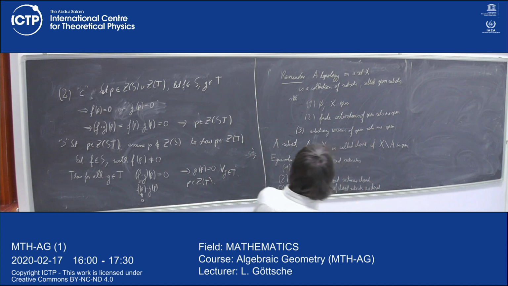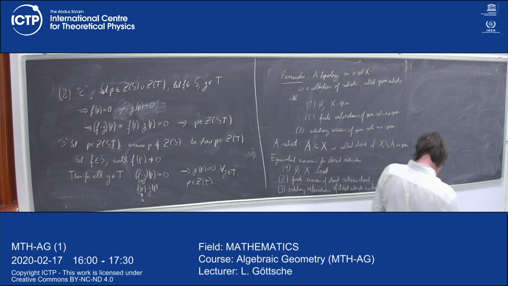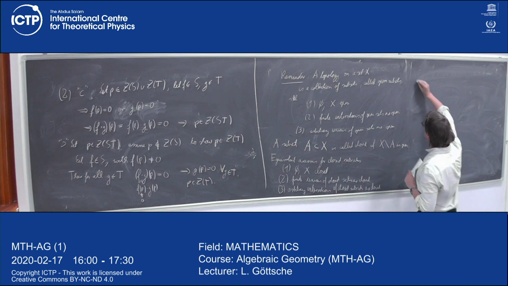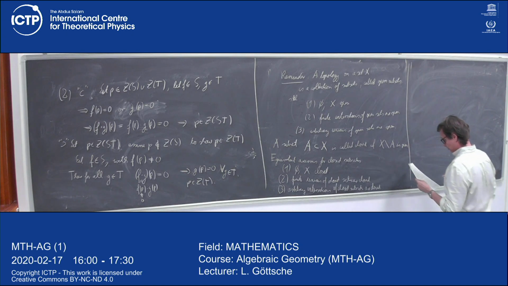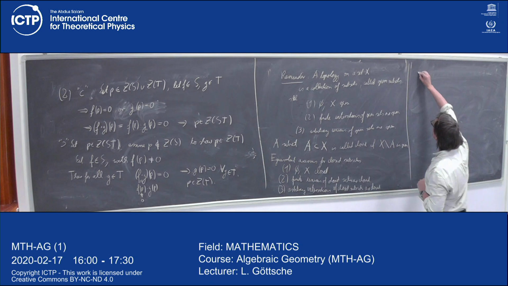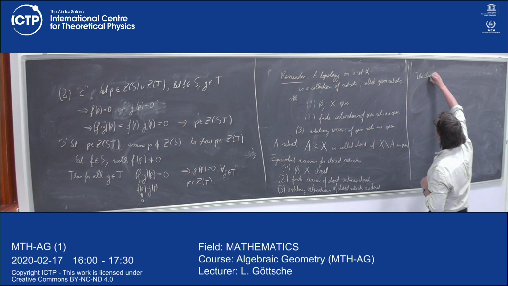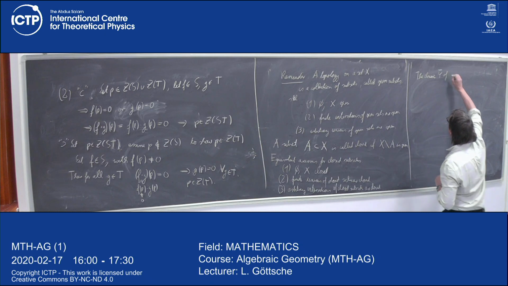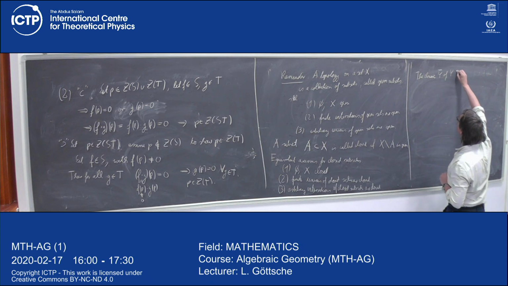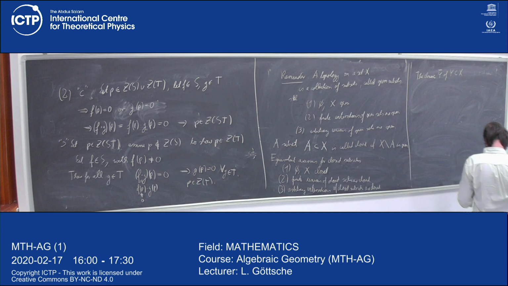So if X has a topology, it's called a topological space. And we can talk about such things. So, for instance, the closure Y bar of Y in X is the intersection of all closed subsets containing it.